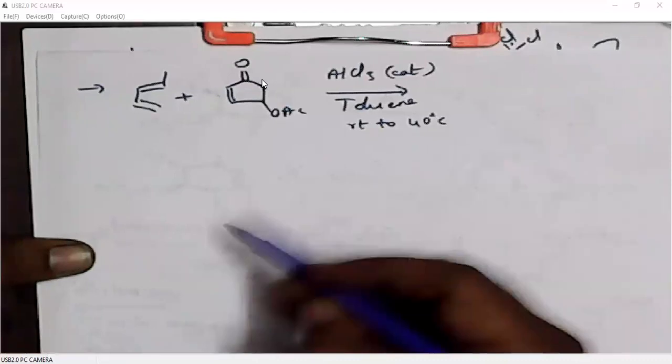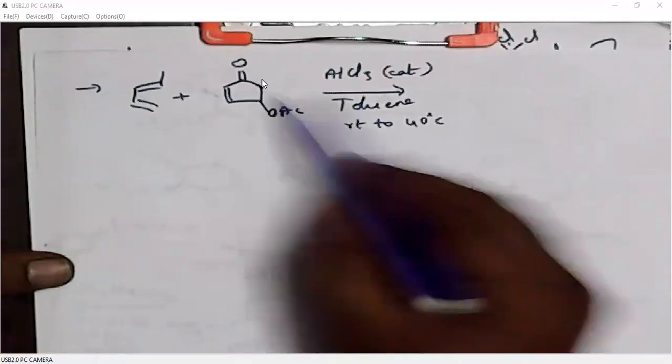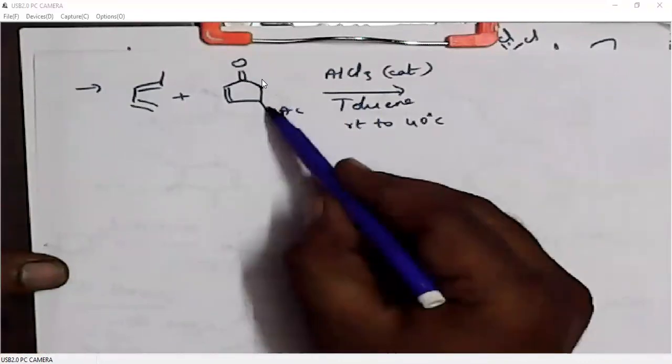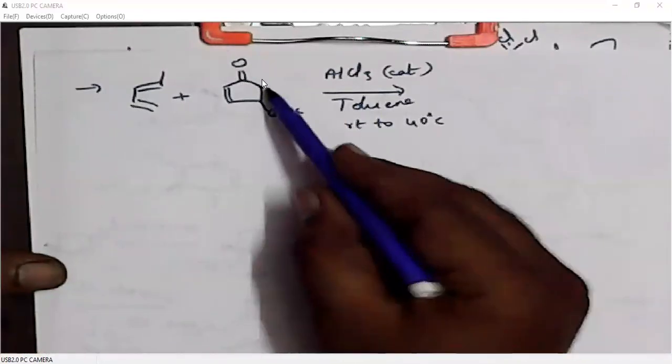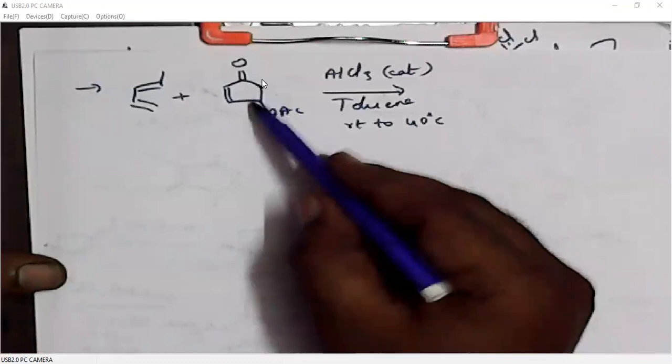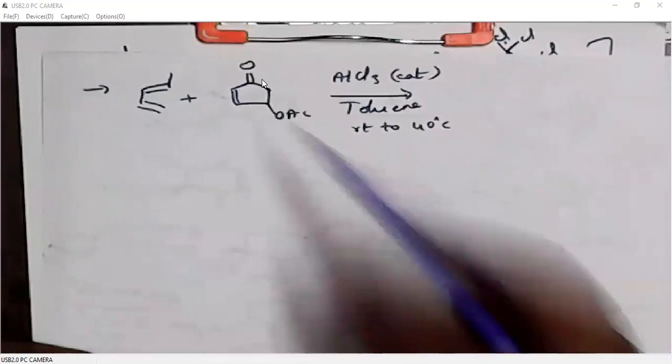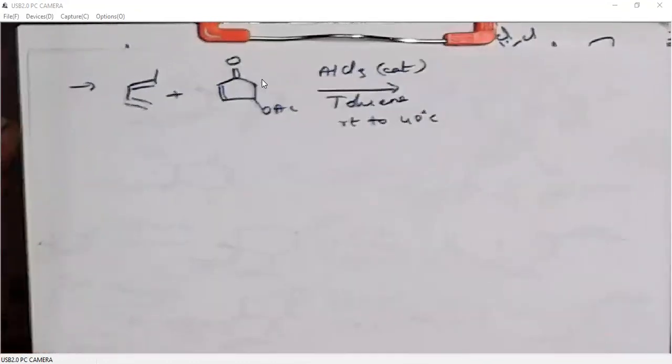Here again, we are generating this double bond. Okay, when we treat this with Lewis acid, this acetate and hydrogen from here will be leaving. So we are generating a double bond. Because it is a symmetrical diene, either double bond can be involved in the Diels-Alder reaction.